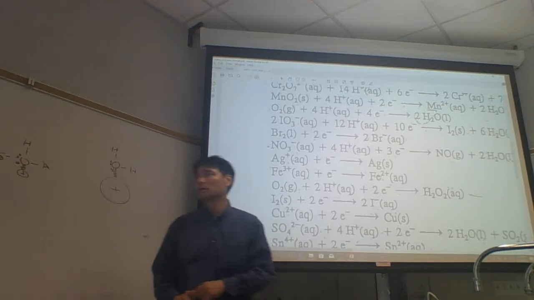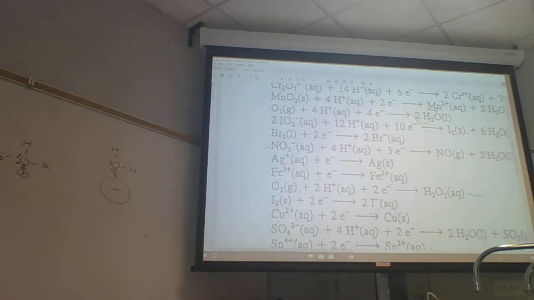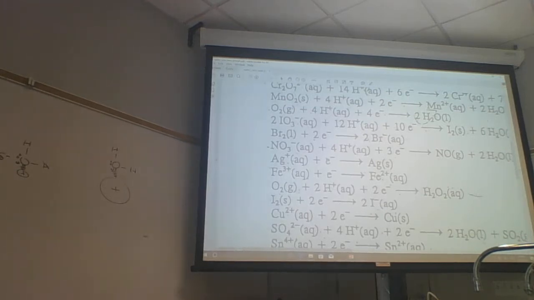Copper 2, so it's going to go to copper 2. And so the formula here should be Cu. That's correct. And then the other product is going to be what? The other product is going to be silver.